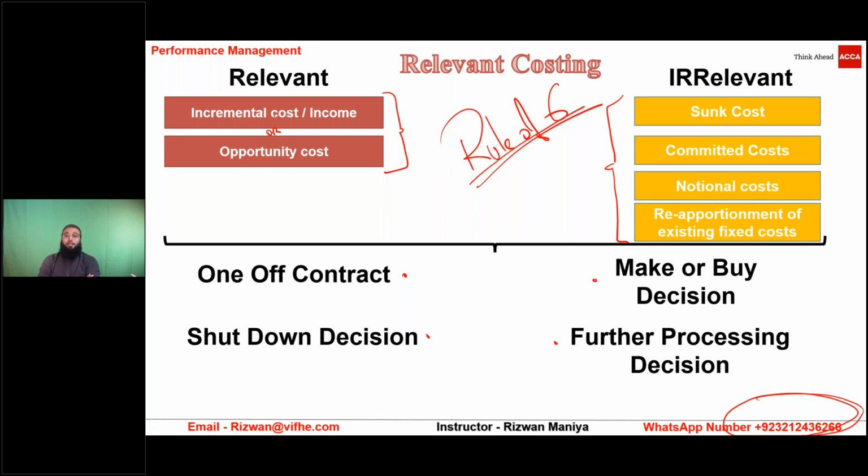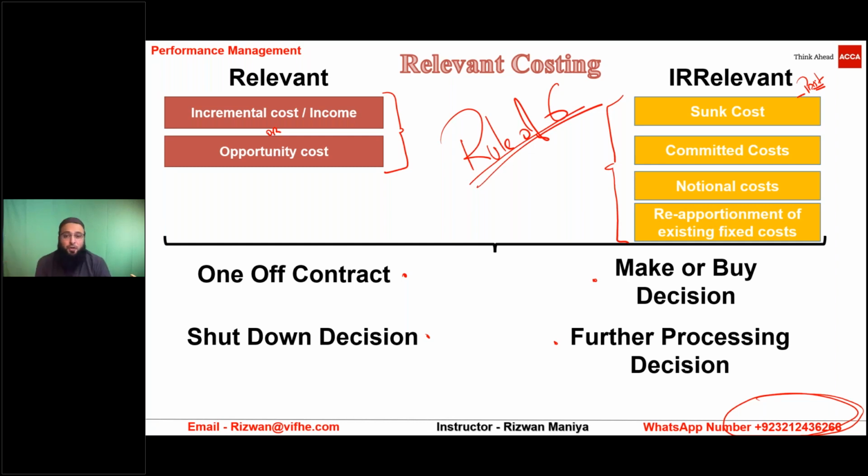4 things will make a cost irrelevant for a particular decision. You have to see whether that particular thing is part of this 4 or not. So first is sunk cost, past cost, already had been incurred. You can't do anything for that. Now, at the time of taking a decision, something that has already arisen or occurred before is not relevant.